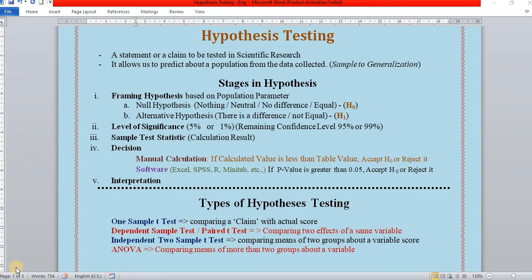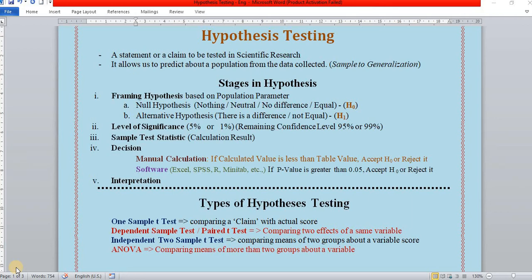Say for example, the class average is 65. We want to test that. We take some number of students as a sample and compare the 65 as a claim of the class and the actual marks scored by every student.